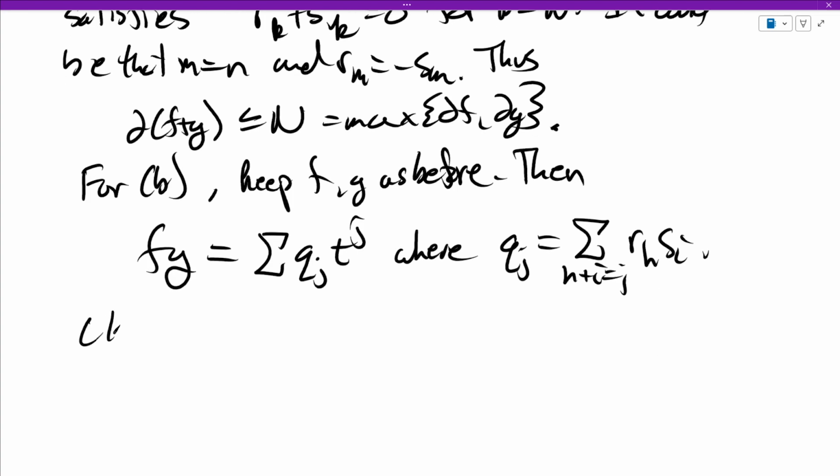Let me claim something: Qj is 0 for j bigger than m plus n, which means that F times G has 0 as its coefficient above the proposed degree, right?